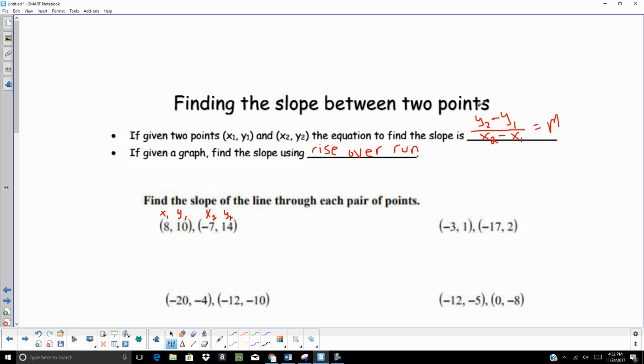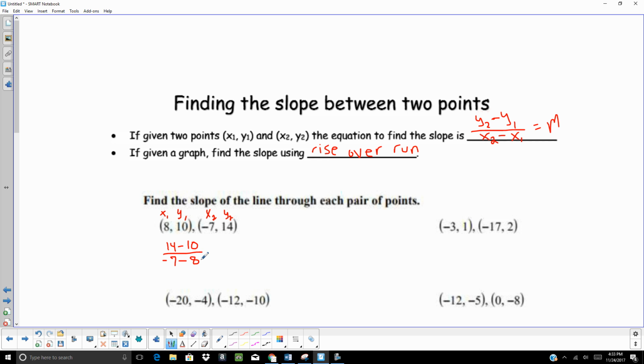And I'm just going to plug things into this equation. So I'm going to start right there with the y sub 2, which is 14. And then I do a minus sign. And my y sub 1 is 10. Then I'm going to draw my fraction bar. Start here. My x sub 2 is negative 7. Do a minus sign. My x sub 1 is 8.